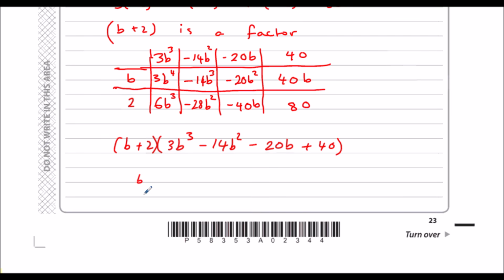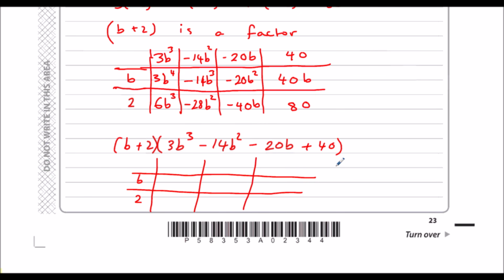So again, we're going to have b plus 2 and we're going to take it out. We want 3b cubed. So b multiplied by what makes 3b cubed? 3b squared. 3b squared times 2 is 6b squared. We want negative 14b squared. So we need to take off 20b squareds. B times negative 20b gets negative 20b squared. 2 negative 20b's are negative 40b.